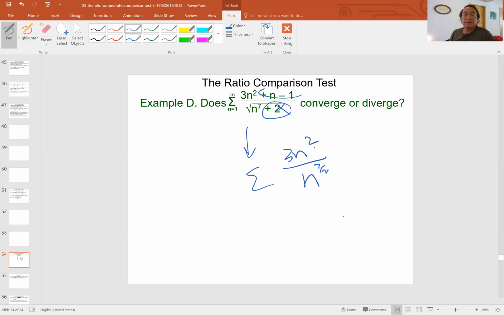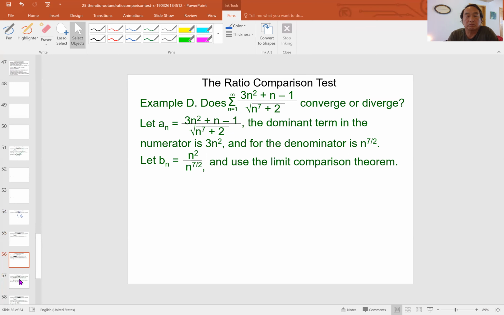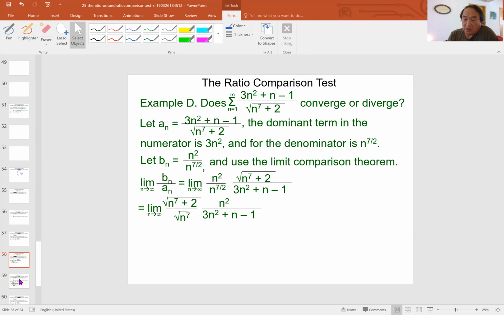I justify that I can simplify this formula down to this formula. We're going to set b_n to be just those terms. Now I'm going to take the limit of b_n over a_n. And in this case, again, you have to show these limits. I'll leave this for you in the homework and on the test.